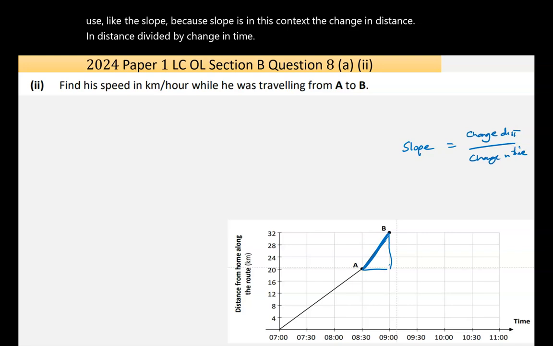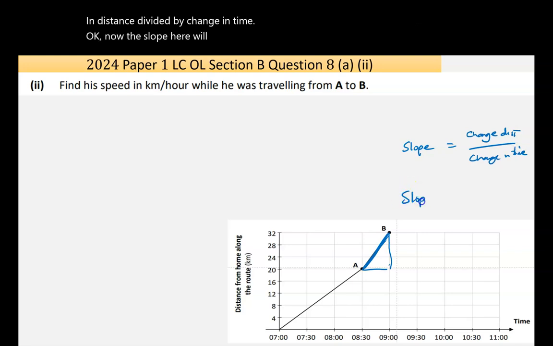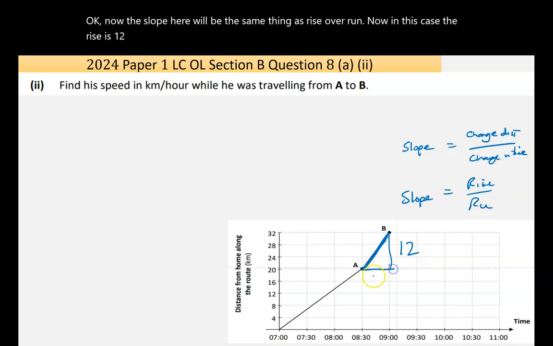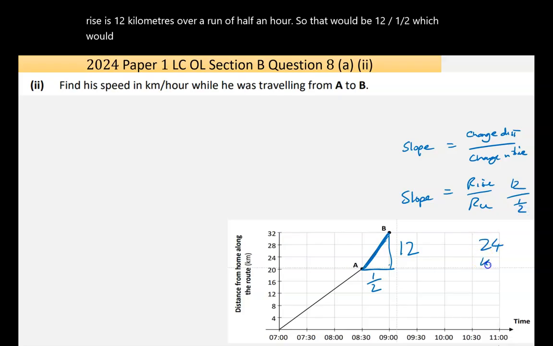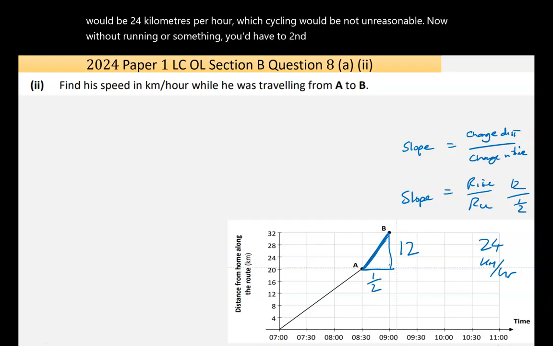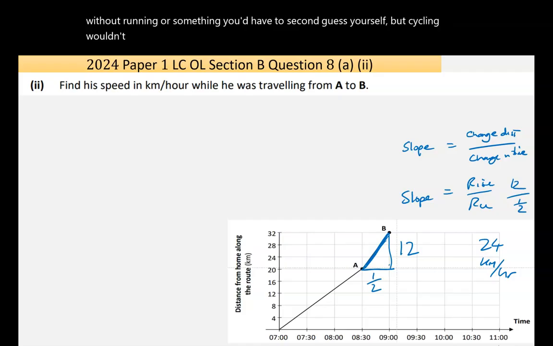The slope here will be the same thing as rise over run. In this case the rise is 12 kilometers over a run of half an hour. So that would be 12 over a half, which would be 24 kilometers per hour, which for cycling would not be unreasonable. If that was running or something, you'd have to second guess yourself, but cycling wouldn't be unreasonable.